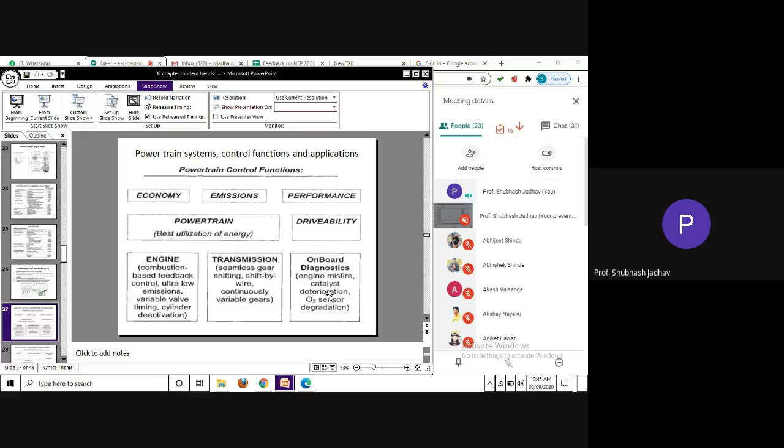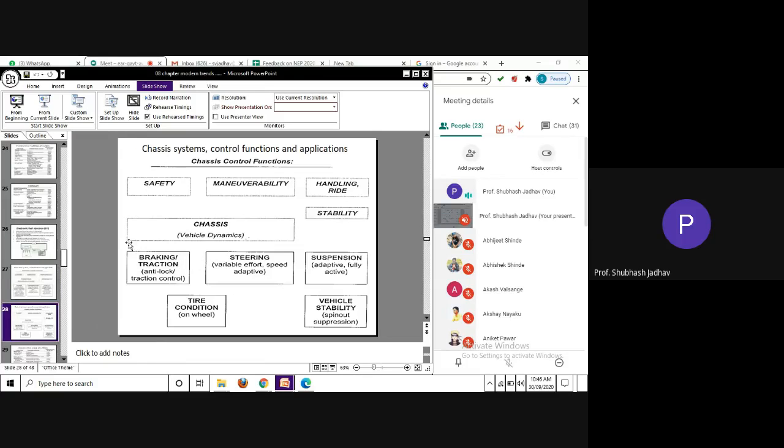Drivability related, we have so many categories. We are categorizing the sensors into different categories, which will help in controlling different parameters related to either safety, maneuverability, or handling, ride handling, etc. So braking, steering, air conditioning, suspension, stability, and so on.